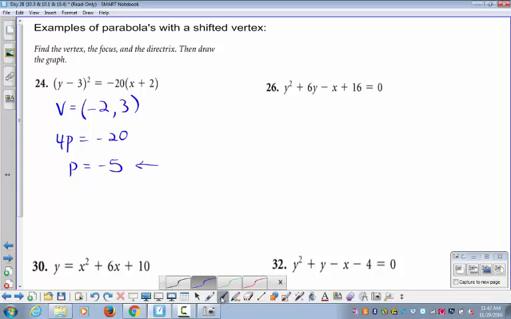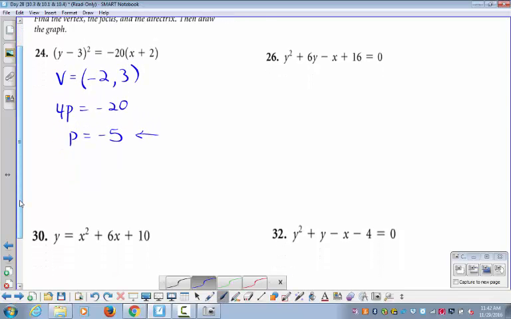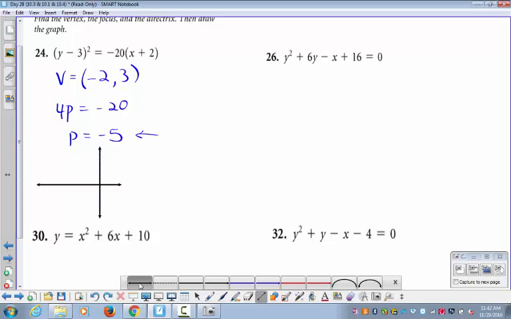Okay, so it's going to open left. So that tells us that we're in this situation: negative 2, 3, opening left. Negative 2, 3, there's the vertex.